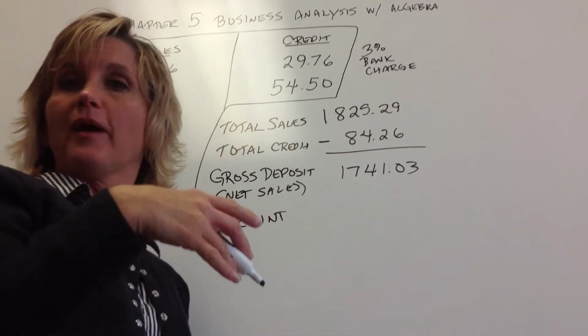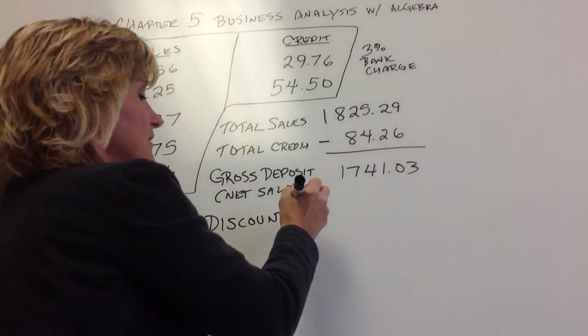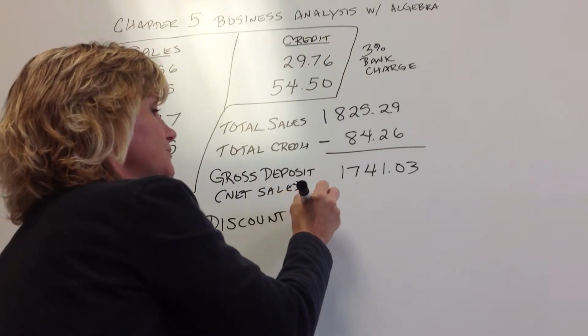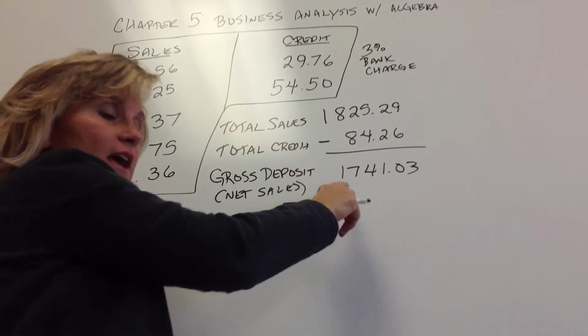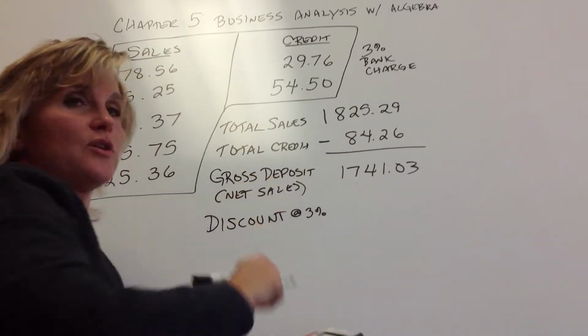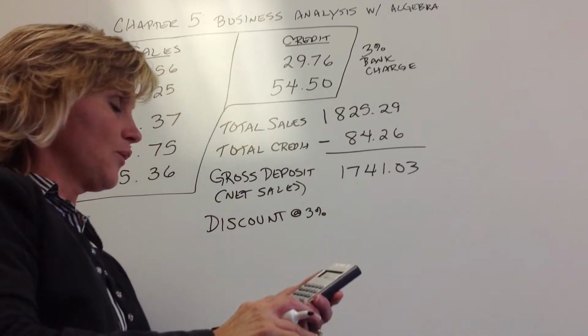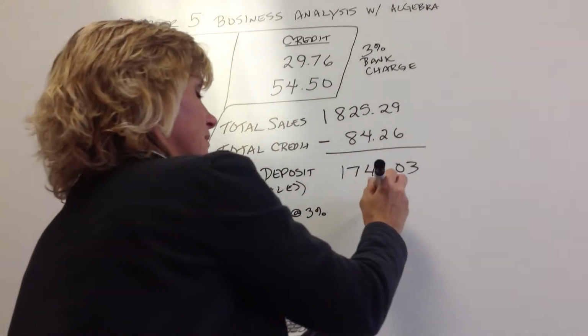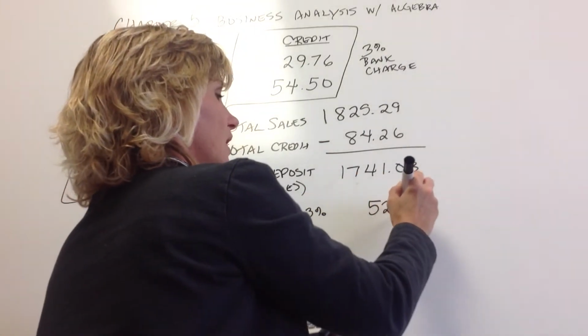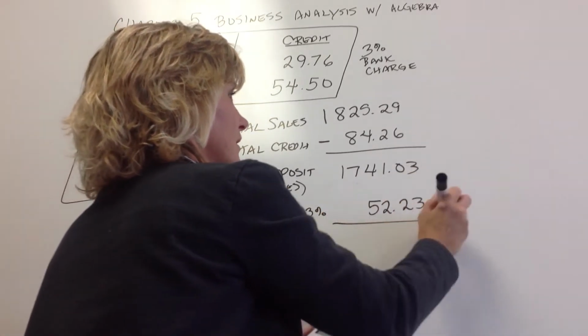A discount means a bank fee. So it's a discount at 3%. So what we're going to do is take this net sales number, or like the textbook calls it, the gross deposit number, and we're going to multiply that times the 0.03. So that's $52.23.